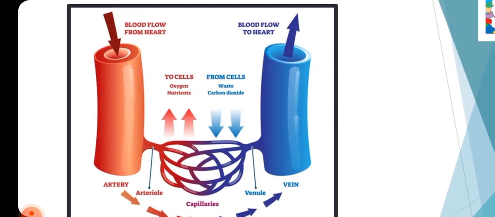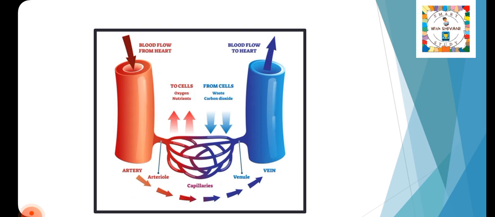These are the joints which join arteries and the veins. Now, veins are blue in color, just a color coding done. Whenever the carbon dioxide or other waste product is coming from the cells, it gets mixed into the blood which is present in the vein, and then the vein carries this blood to the heart to make it pure again.